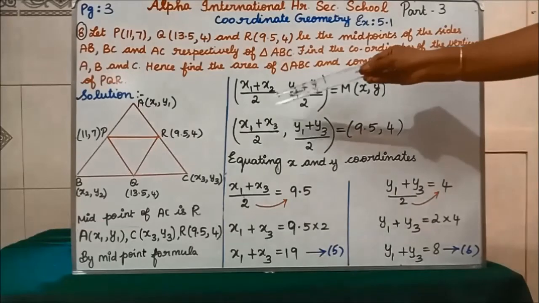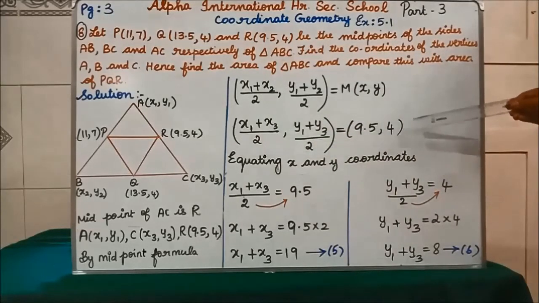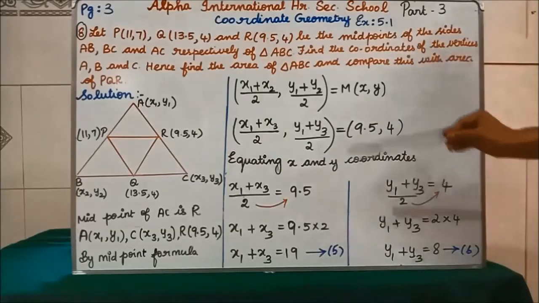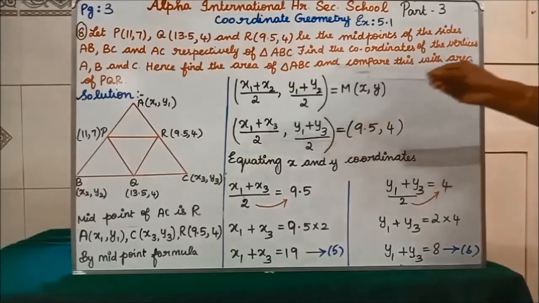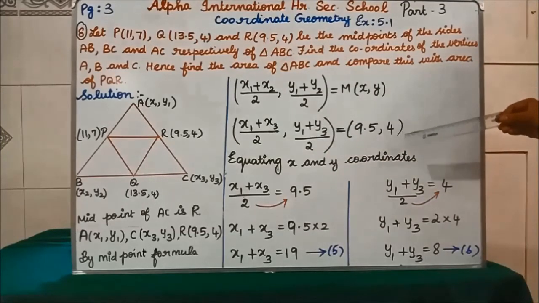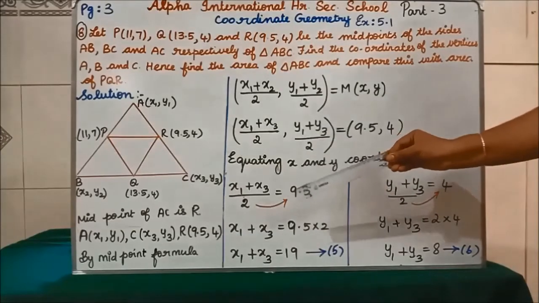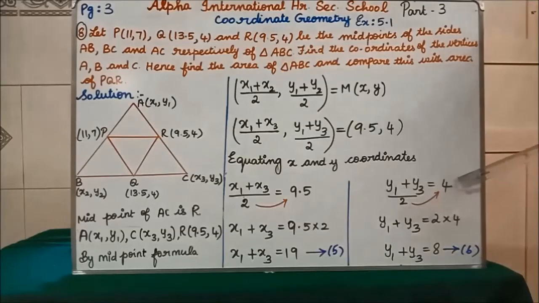Clear? The midpoint is R. What have they given for R? 9.5, 4. The same model: equating the x and y coordinates. We equate this x with 9.5 and this y with 4.